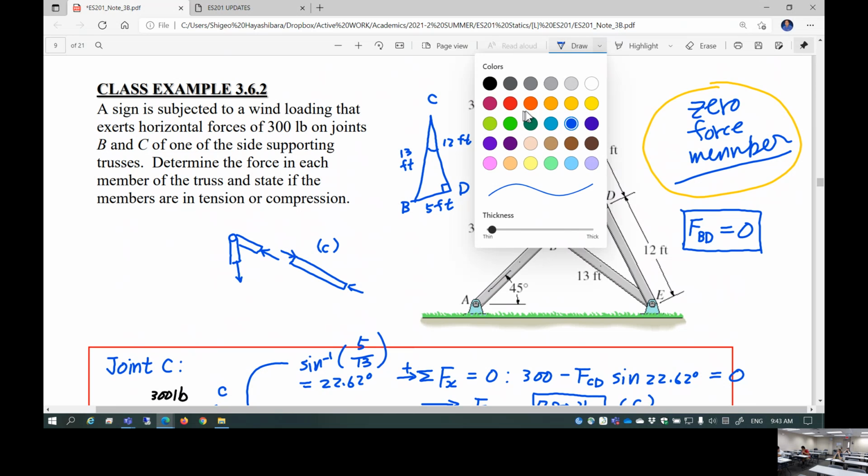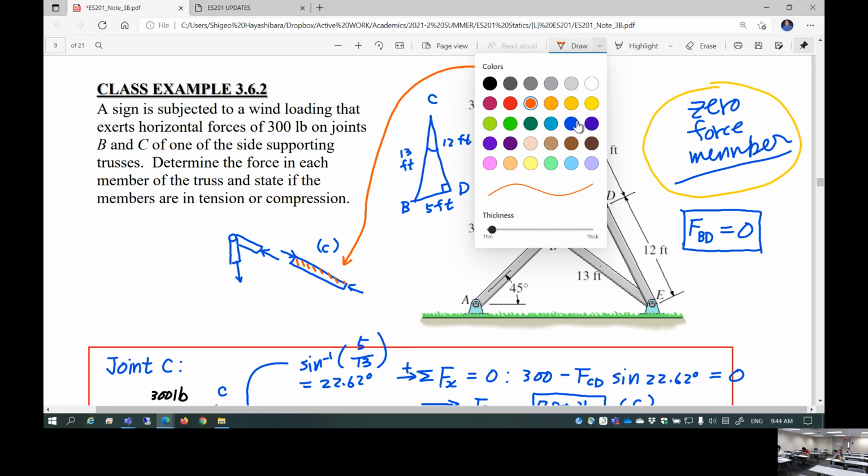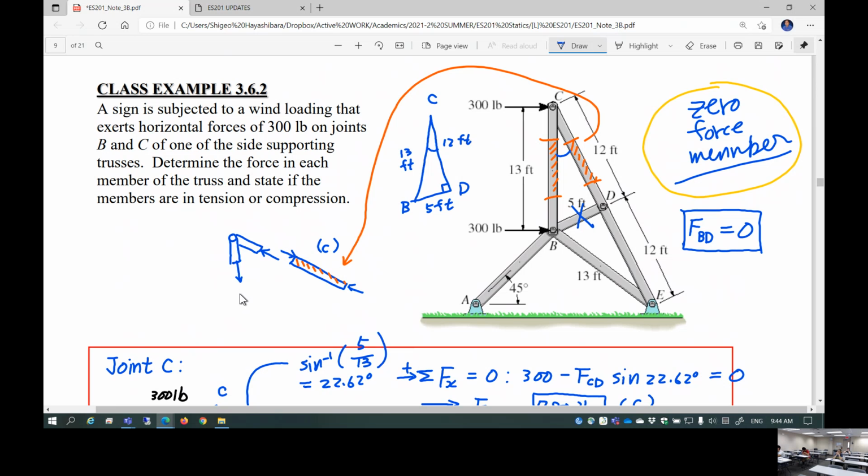In other words, you can only look at it by introducing a virtual cut. Let's cut here, and cut here, and pick up this member and that member. This member is compressive, as you can see. Again, this is a virtual cut.